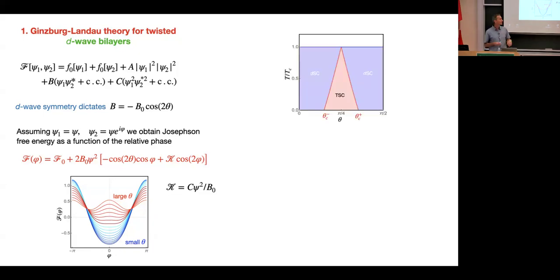One can map out from this the phase diagram of the system, which I've done for you here. So the horizontal axis is the twist angle from 0 to pi over 2, and the vertical axis is temperature. And you can see that this time reversal broken phase occurs in this wedge here, centered around 45-degree twist.